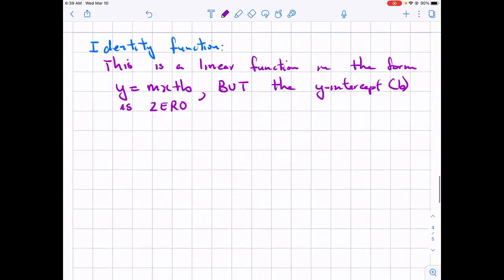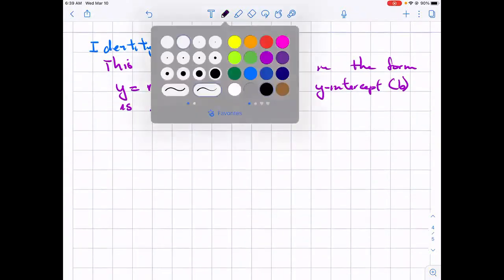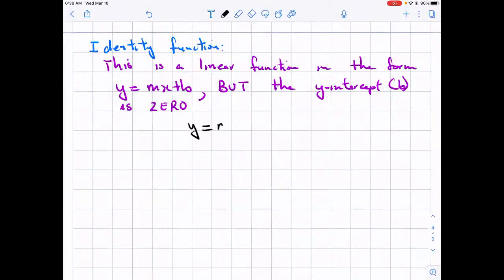Okay, so if b is 0, we're left with y equal mx, and this is your identity function.